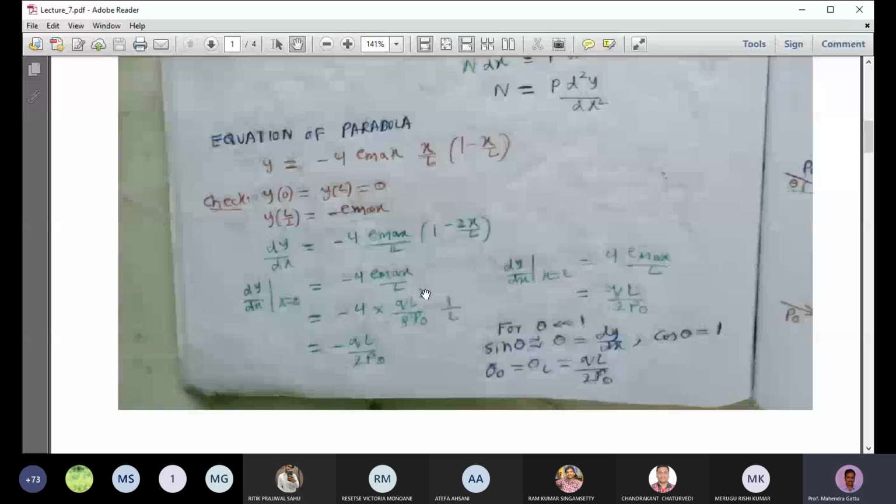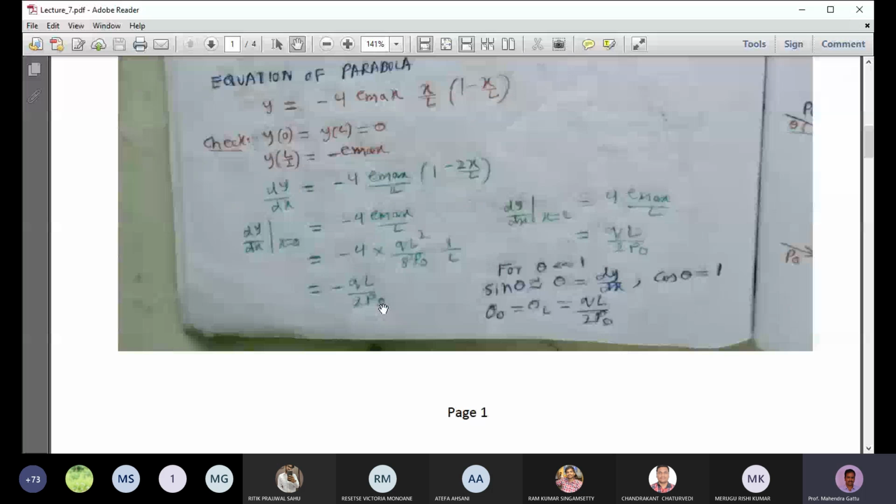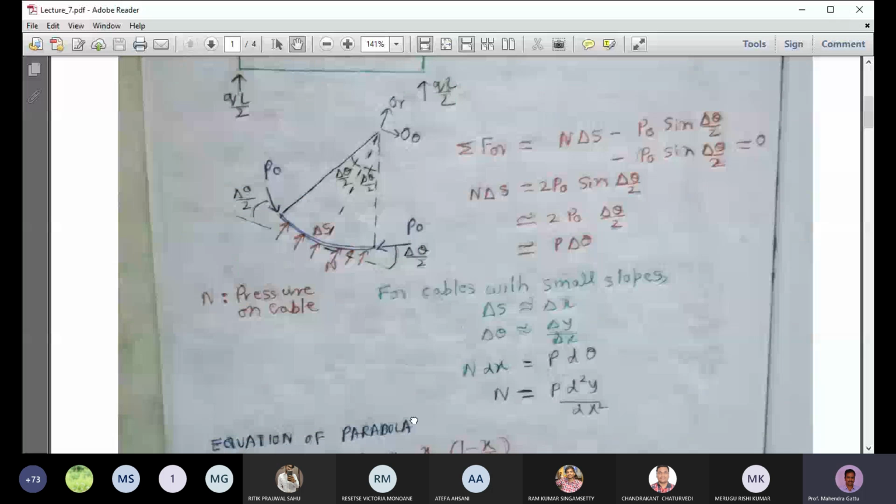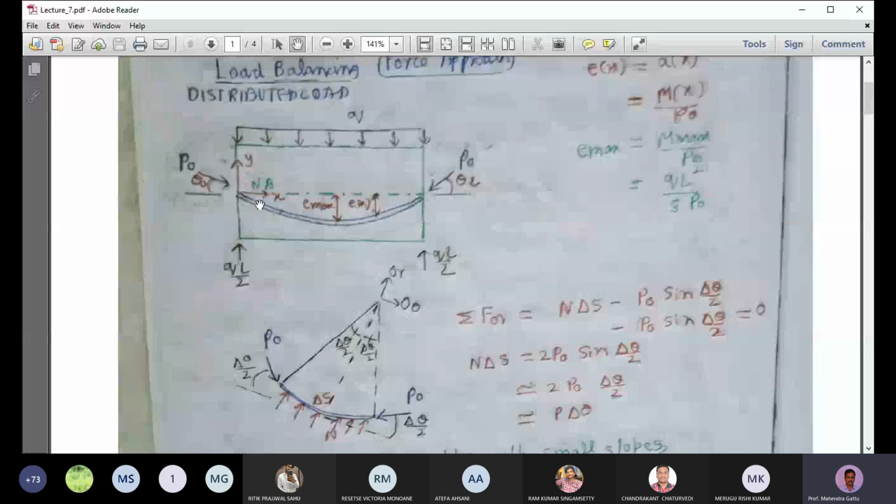We can cancel out: L square by L becomes L, and 4 by 8 gives 2 in the denominator. So we get dy by dx is minus q L by 2 p naught at x is equal to 0, and at x is equal to L, we get plus q L by 2 p naught. That is okay, because this is a negative slope here and here we have a positive slope, and both slopes are equal.